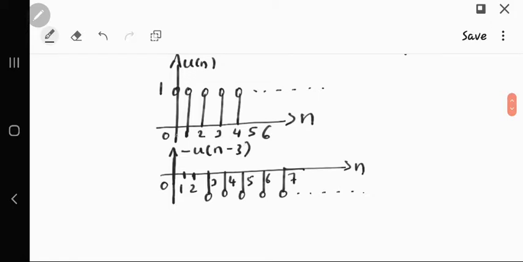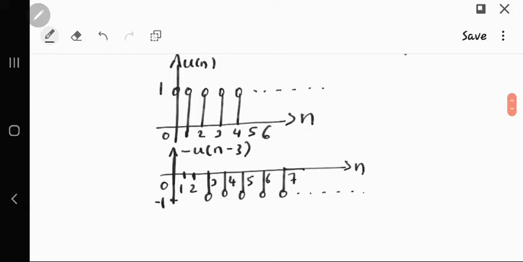As you can see, at 0 we have 1, at 1 we have 1, and at 2 we have a signal with amplitude 1. At 3 we have 1 here, and at 3 we have minus 1 there. So plus 1 and minus 1 is 0, and again plus 1 minus 1 is 0. After 3 the entire signal will be 0.